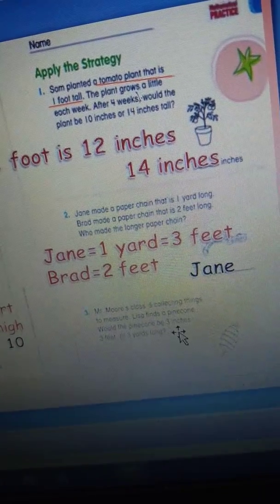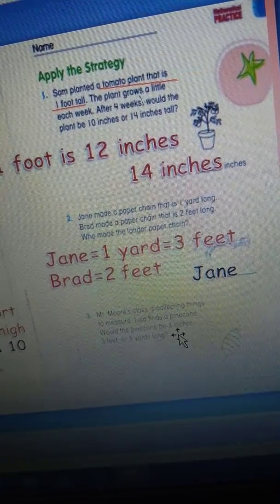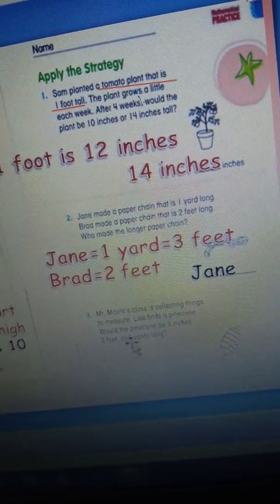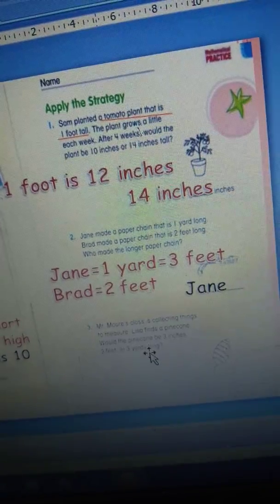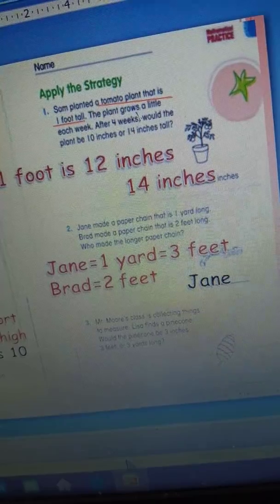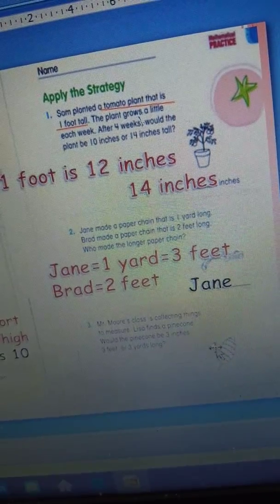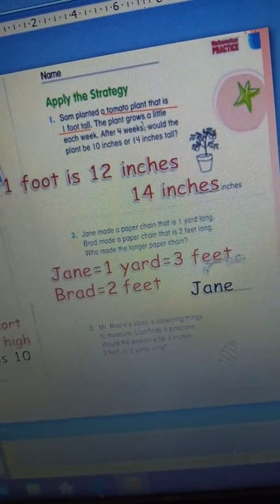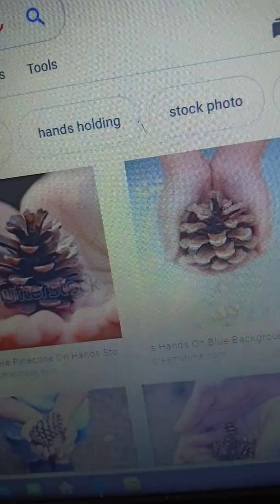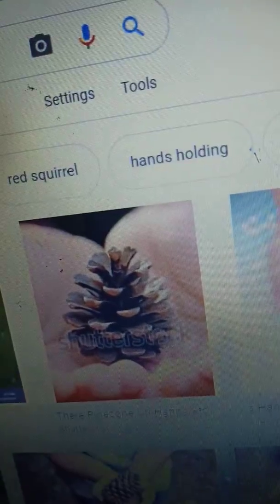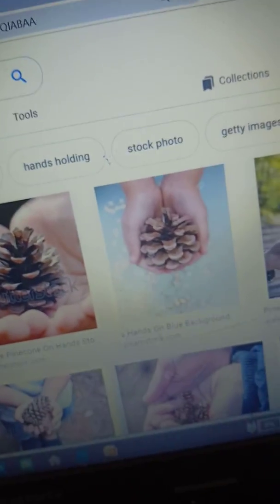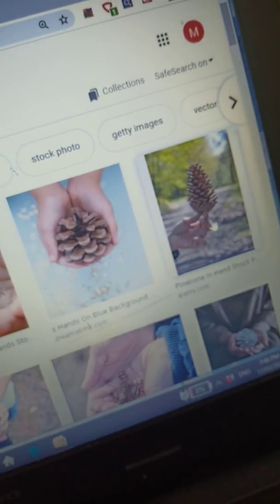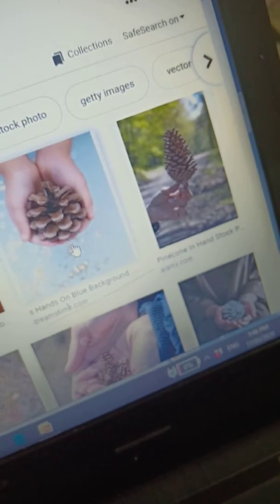Would the pine cone be 3 inches, 3 feet, or 2 yards? Do you know a pine cone? Have you seen a pine cone? Yeah, like this in the picture. So, I will show you the real pine cone, okay? Look. This one is a pine cone.